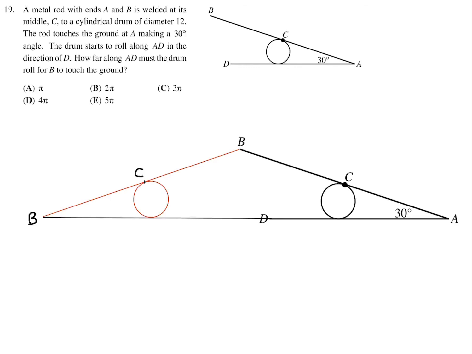This rod that was originally in this position has now followed the drum and is now in this position. And just like the question says, B is now touching the ground. This circle was initially sitting on the ground at this position, and now it's sitting on the ground at this position. So they want you to figure out the distance that it has traveled.